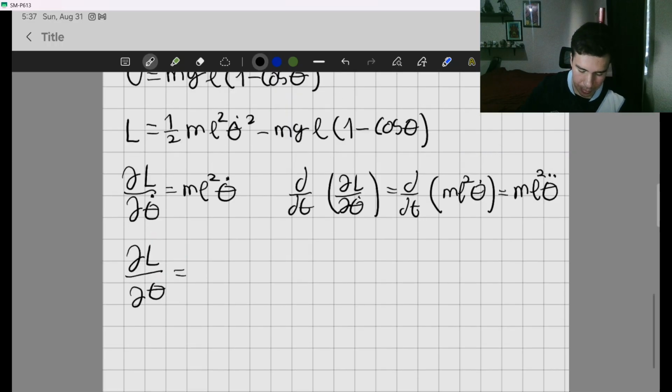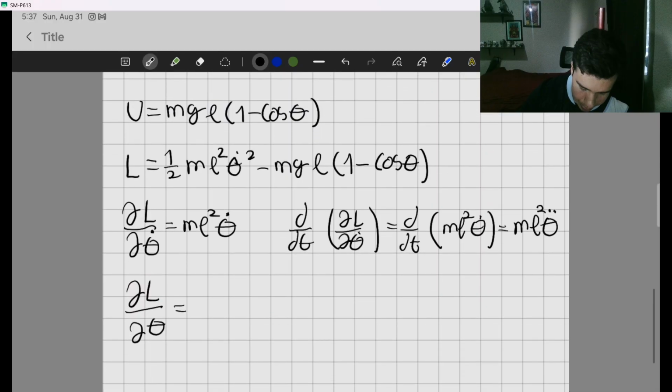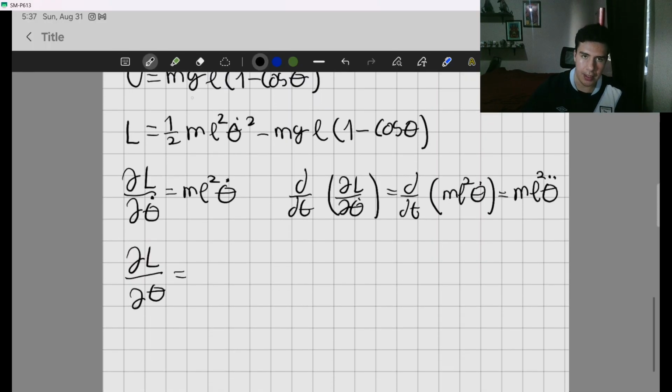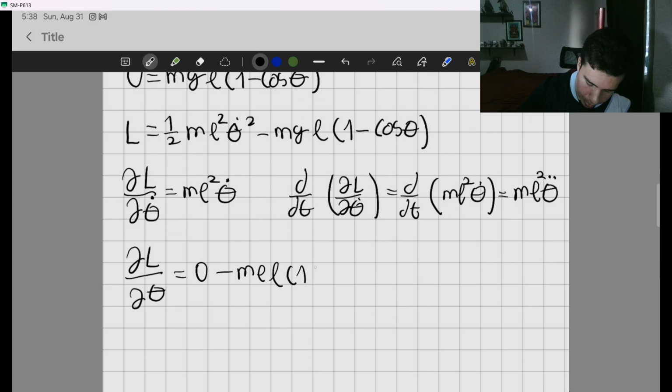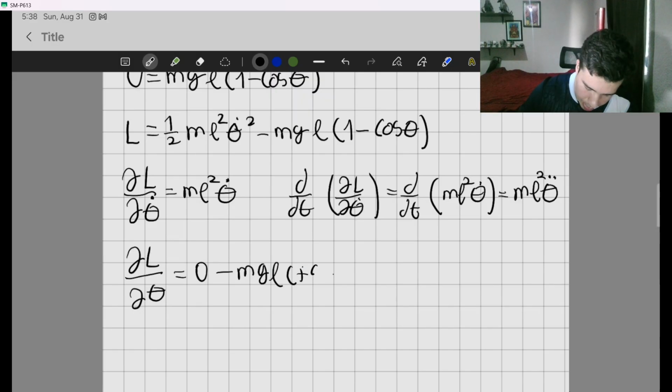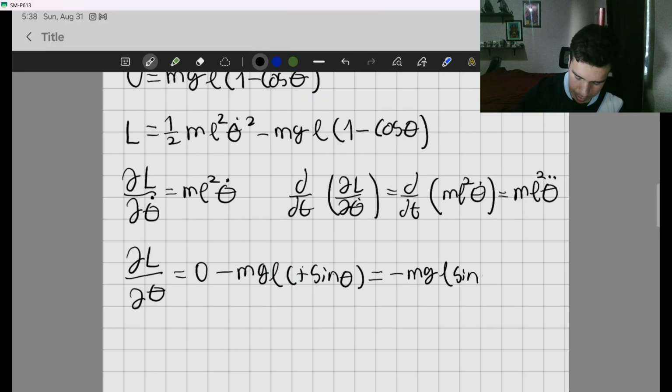Okay, so right here, this is our Lagrangian. This expression doesn't have any position dependence, so this will be 0, minus mgL, and the derivative gives plus sine theta, so minus mgL sine theta.